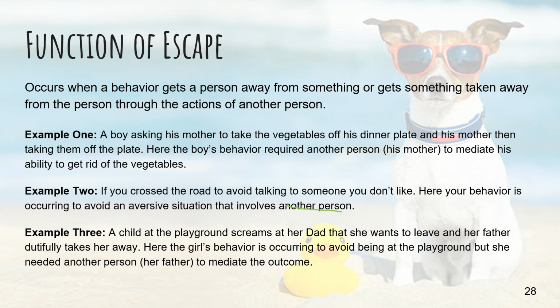Another example, a child is at a playground, screams at her dad that she wants to leave, and her father takes her away. So the screaming behavior is being reinforced. She does not want to be at the park, therefore she's escaping the park using screaming behavior. Okay, so those are some examples of how we can use behavior to get out of something or away from somebody we don't want.